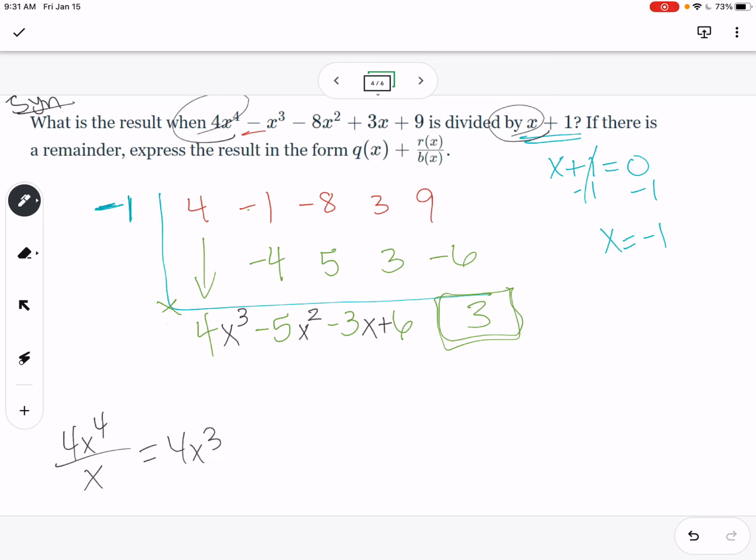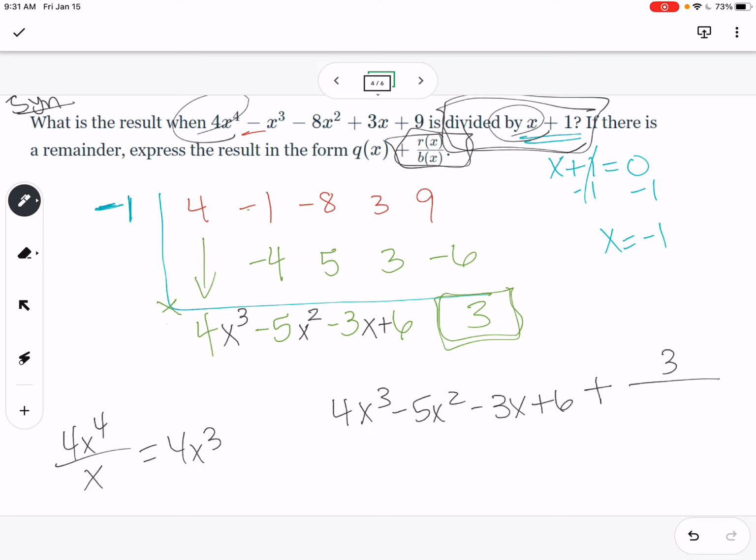So how do we write this? We write this as 4x cubed minus 5x squared minus 3x plus 6 plus our remainder has to be written like this. So on top we have a 3, and on bottom it's what you're dividing by. Hey, it says right here, divided by x plus 1.